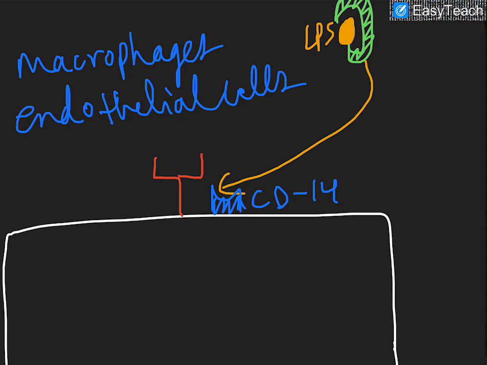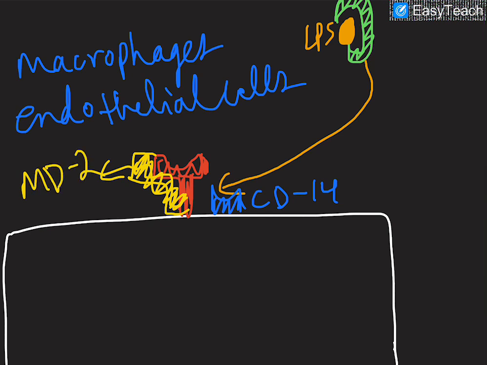Actually, if I just drew a complex, let's say this was toll-like receptor 4, and then part of the toll-like receptor 4, I'll just draw another protein like that, and let's say this yellow protein is MD2. MD2 and toll-like receptor 4 form a complex.